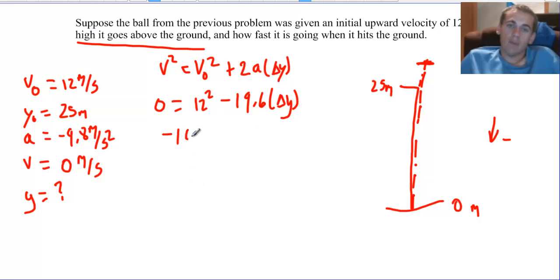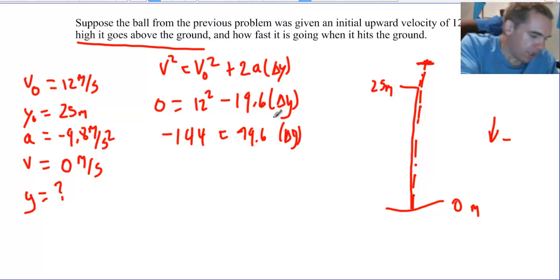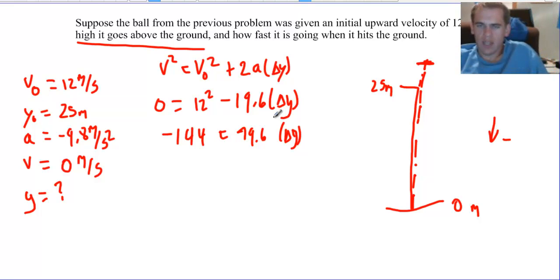So negative 144, if I subtract that over, equals negative 19.6 delta y. Divide both sides by 19.6, and we end up with, let's see, 144 divided by 19.6. We end up with 7.34. Yeah, that sounds right. Delta y equals 7.34 meters.